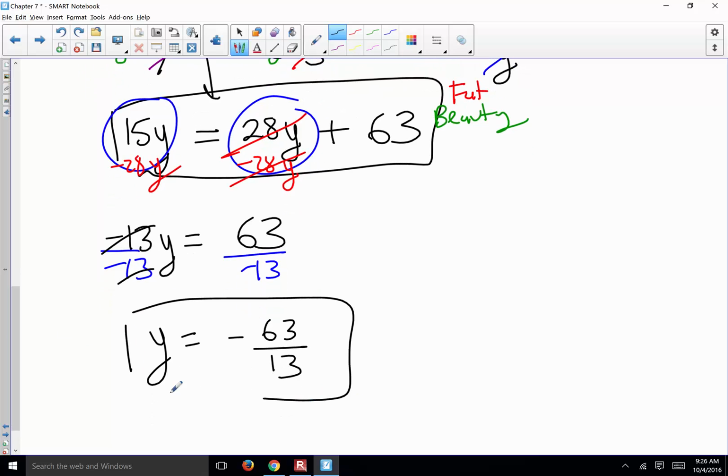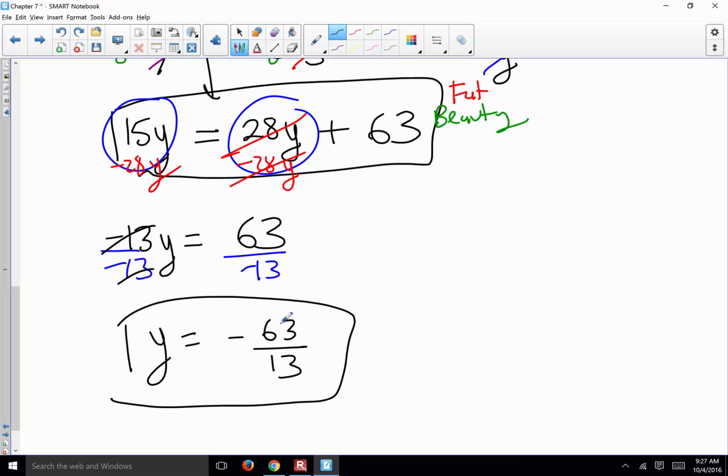Do they cancel? 63 is 7 and 9, right? Unfortunately, 13 does not factor. Does it factor so you can cancel these? No. So you don't have to break them. This is it. 13 is prime. It won't cancel.